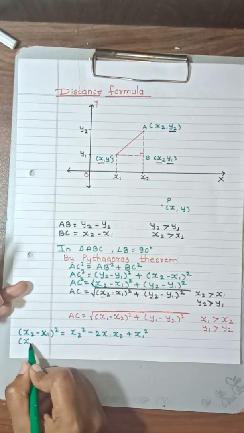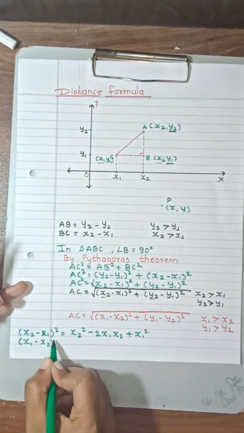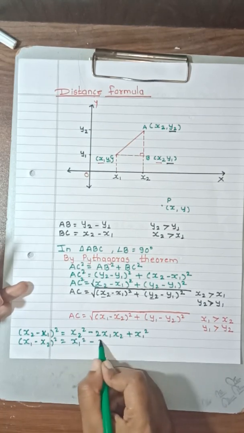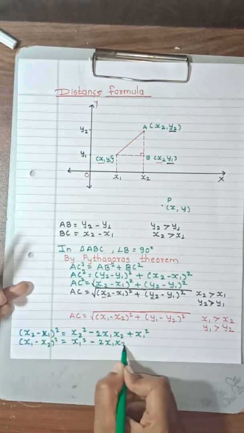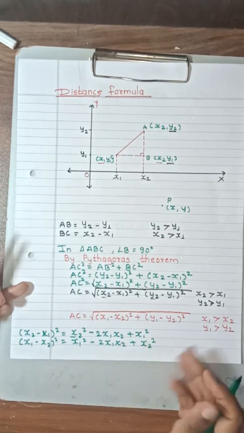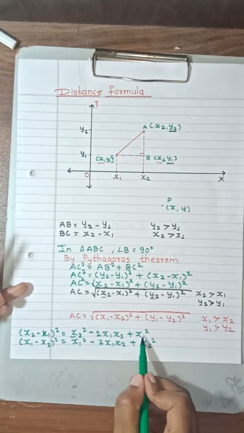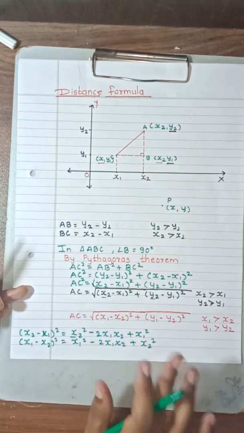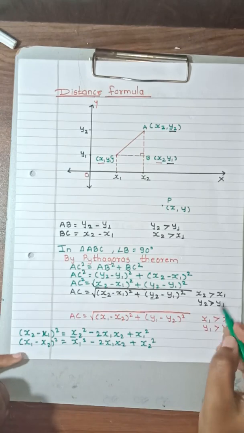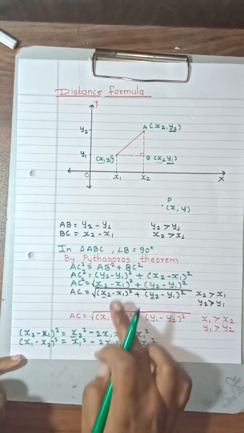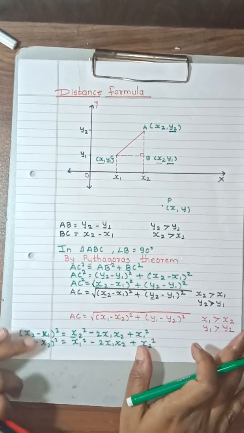Now if I take (x1 minus x2) bracket square, that is also going to be the same: x1 square minus 2x1x2 plus x2 square. If you see, it is one and the same, only the first term has gone to the end and the second term has come at the first. It is the same. So you have to just check whether x1 is greater or x2 is greater, and apply this formula accordingly.